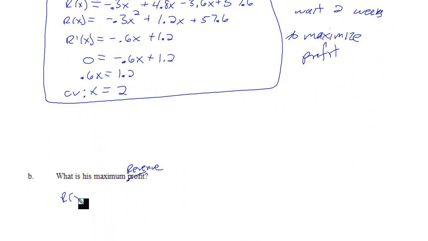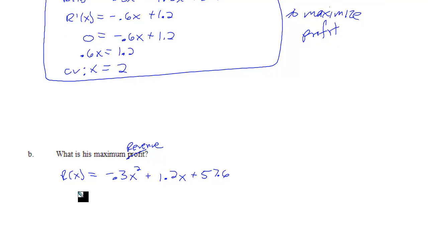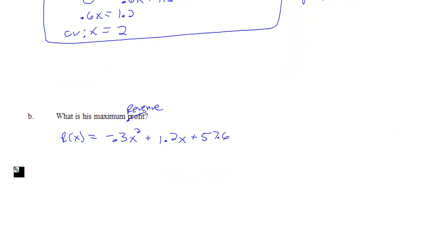So we have a revenue function. I'm just going to copy this down. Negative 0.3x squared plus 1.2x plus 57.6. So simply put a 2 into this function.